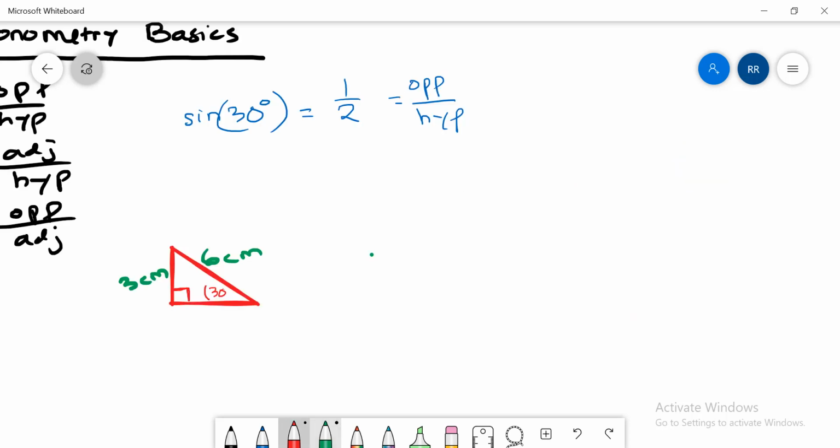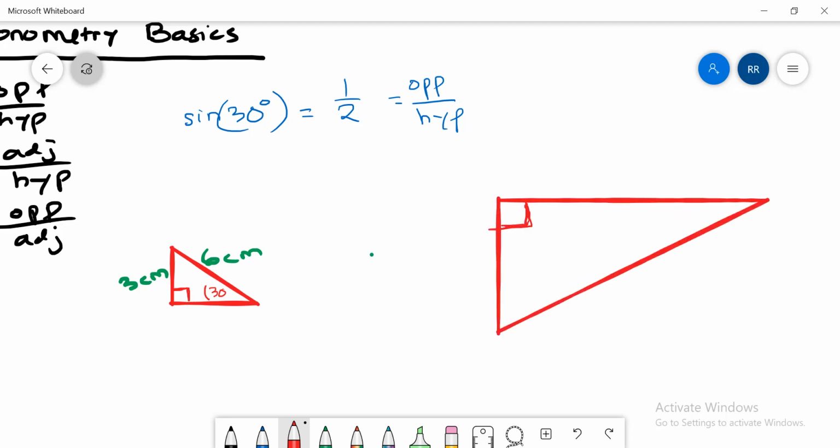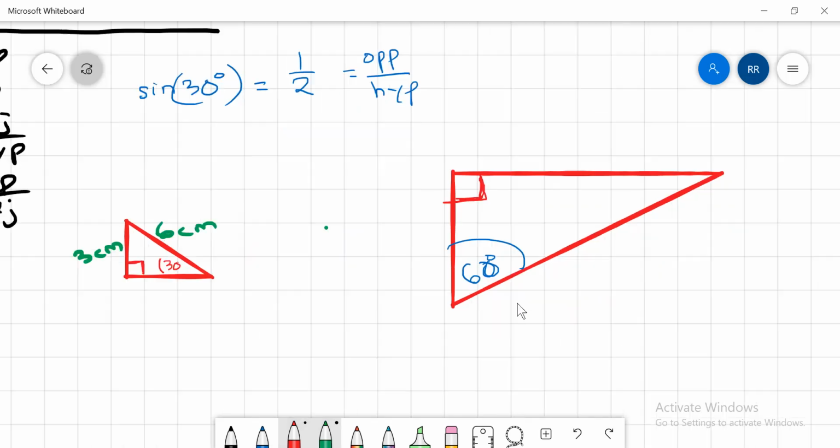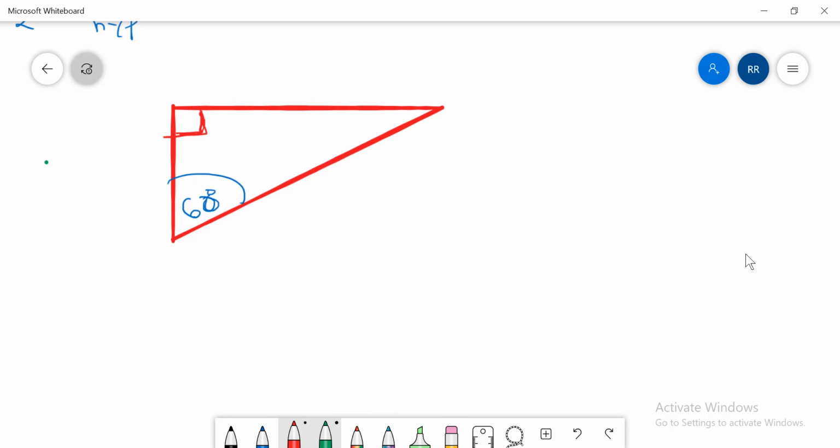Let's say I have a right angle triangle again. I'm going to draw it bigger. And the angle in here, let's say it's this one here. Let's say it's 60°. Now I want to know the value of cosine 60°.